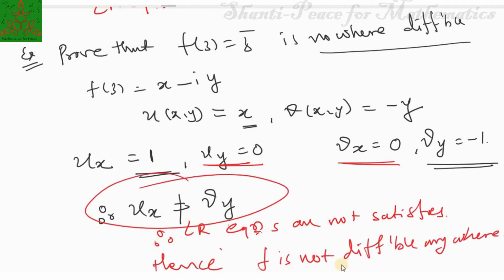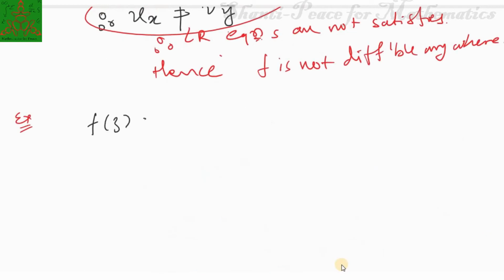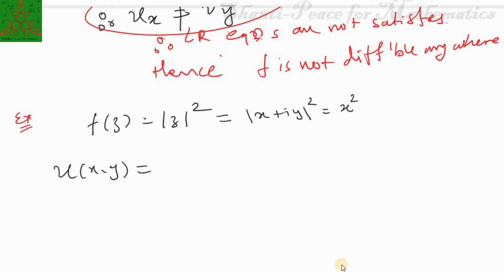Let's have another example, f(z) equal to mod z square. Let us discuss the differentiability of this function. What is u(x, y) here? Writing z as x plus iy, it is mod of (x plus iy) square, which can be written as x square plus y square plus i times 0.